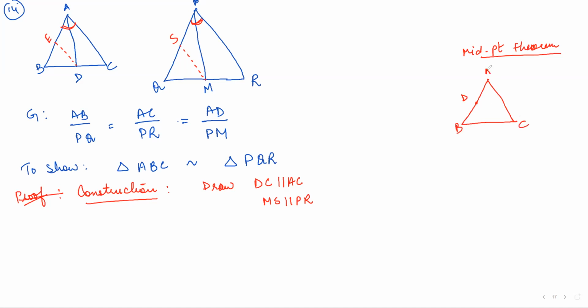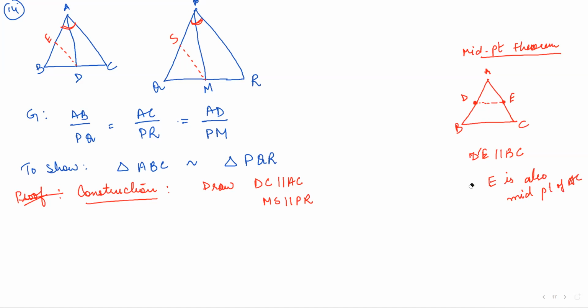This is triangle ABC. If D is the midpoint, I draw a line from D which is parallel to BC and it meets AC at E. So basically D is the midpoint and I'm drawing DE which is parallel to BC, right? So midpoint theorem says that E is also the midpoint of AC. Understood? Yeah.